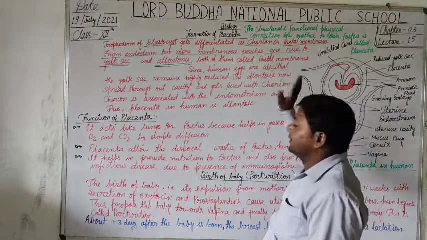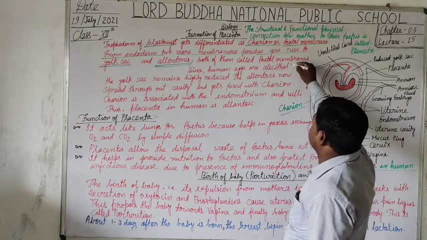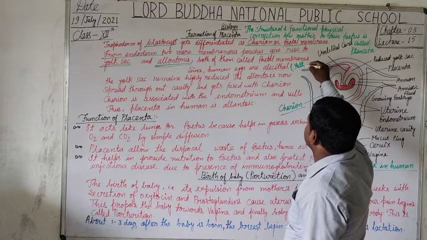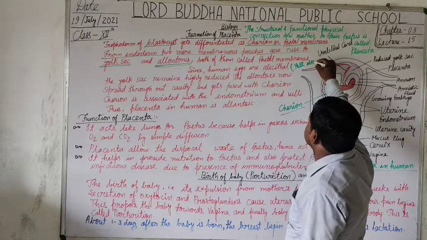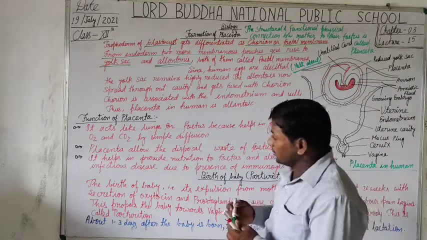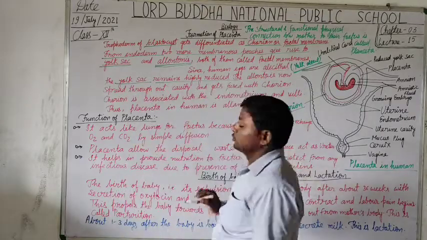Since human eggs are alecithal, as I told you, it means absence of yolk, lack of yolk. So the yolk sac remains highly reduced.